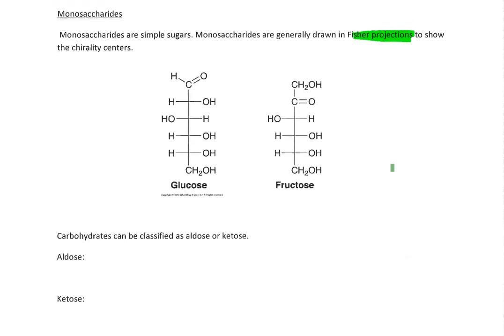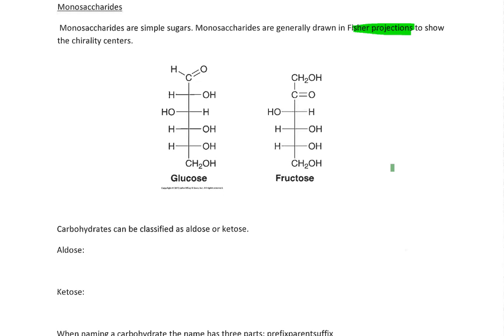The reason that they're drawn as Fischer projections is because this, according to chemists, not necessarily students, makes it easier to see all the chirality centers, because every point that you have a plus sign type drawing, right, where you see those lines cross each other here and here and here, those are all chiral centers. Whereas the carbons that are explicitly drawn out, like these other ones that I'm highlighting with a circle, these ones are not chiral.